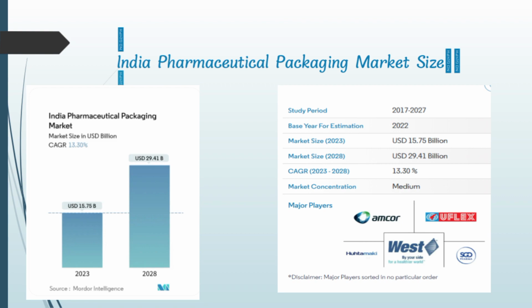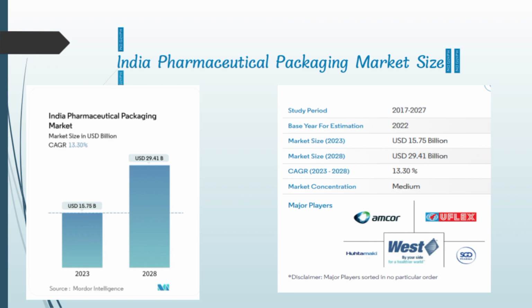It shows that USD 15.75 billion is the demand of that pharmaceutical market in 2023, and up to 2028 it will be USD 29.41 billion. So the CAGR, that is compound annual growth rate, is 13.30% according to the research paper.